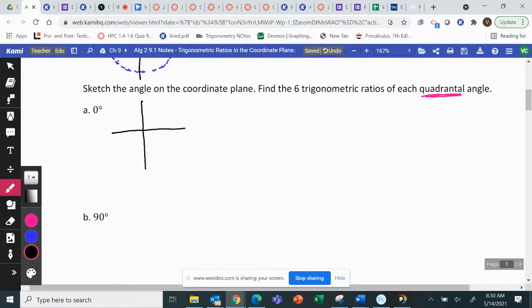So where is 0 degrees? Ariana, do you know where it is? Which side of the x-axis? Positive or negative? The positive x-axis is 0 degrees, right? So here's my initial side, and here's my terminal side.